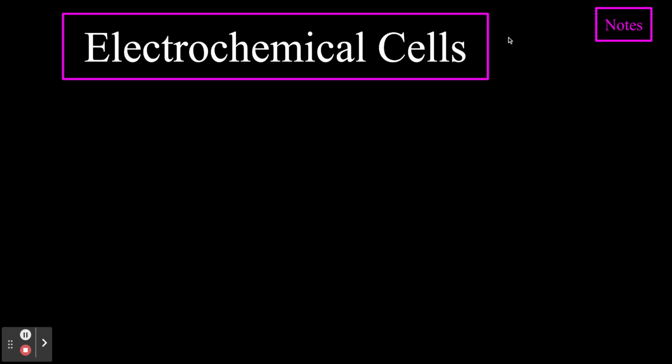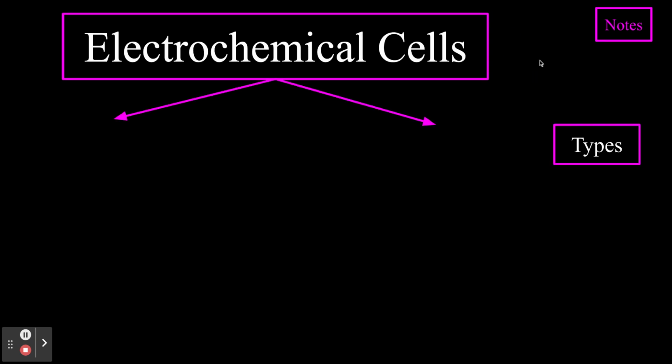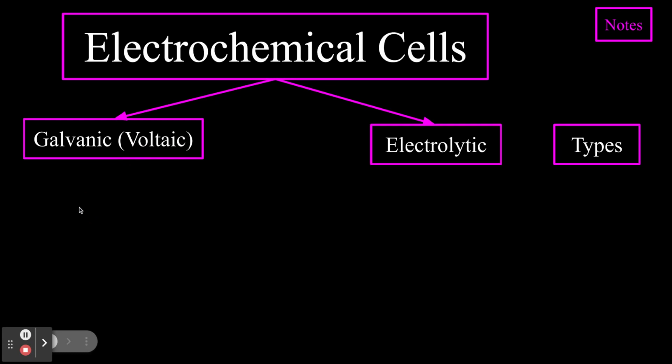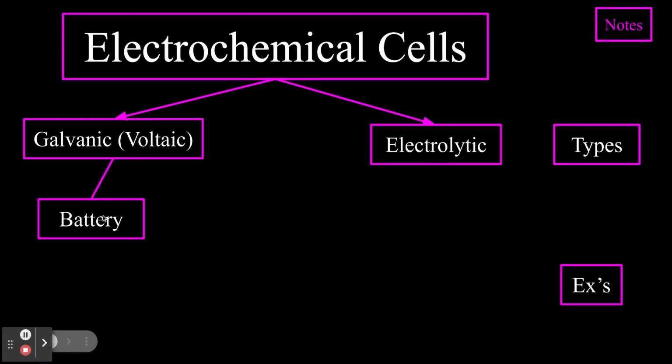All right. So this is a little breakdown of the different types. There are two types of electrochemical cells. There's galvanic, also called voltaic, and the other is an electrolytic cell. Some examples, as I told you, are the batteries you put in your guitar tuners, metronomes, or watch, the one-and-done kind of batteries.